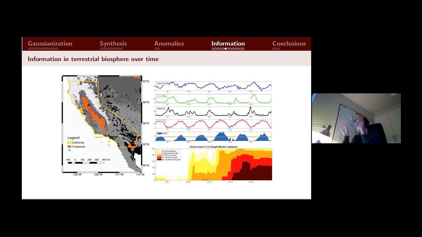We wanted to study this for a particular study area in California. We show here time series of normalized VOD, NDVI, soil moisture, LST, and we also show on the bottom the SMADI index, which is a very well known and widely used index for detecting the severity of a drought.